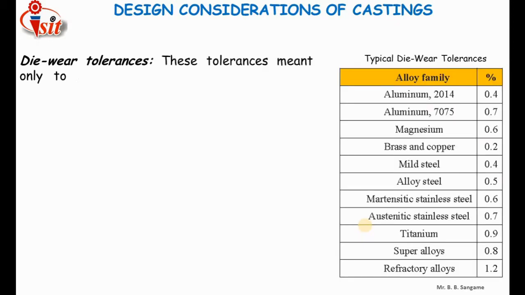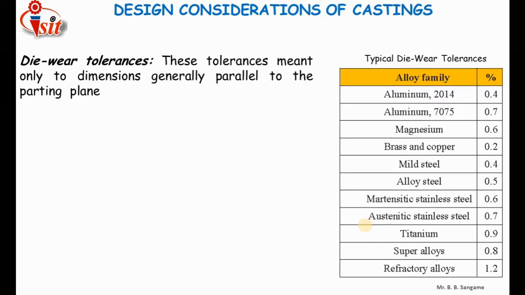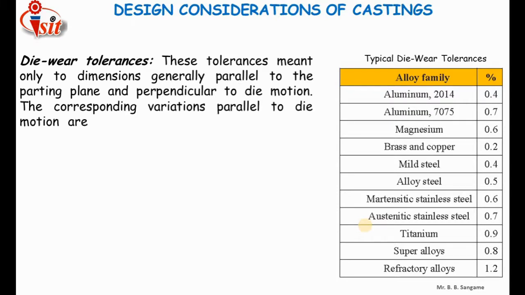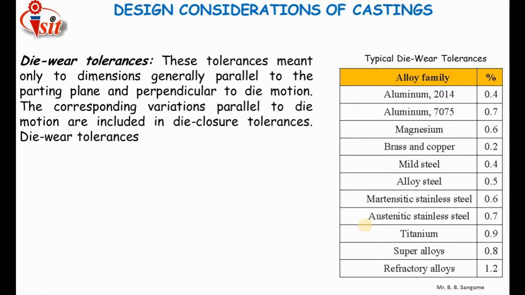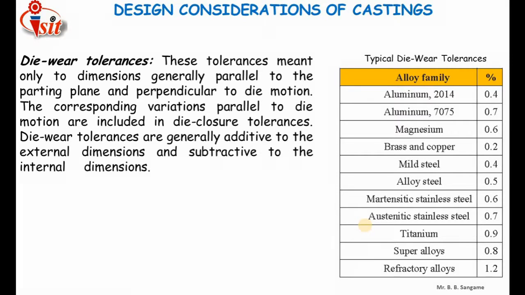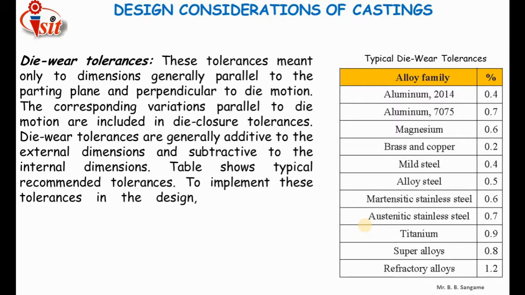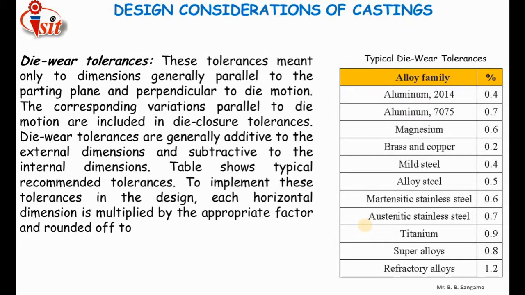Here in this table you can observe the typical die wear tolerances for every material: aluminum, magnesium, brass and copper, mild steel, alloy steel, martensitic steel, austenitic steel, titanium, superalloys and refractory alloys. These tolerances apply only to dimensions generally parallel to the parting plane. In the previous figure we have seen the parting planes are horizontal, and perpendicular to the die motion for vertical motion of the die.